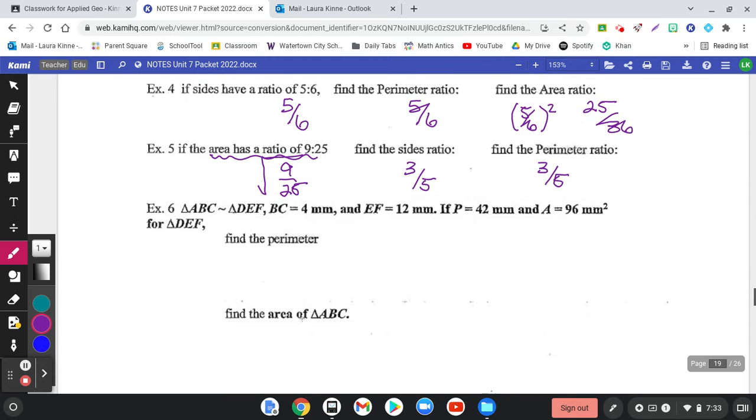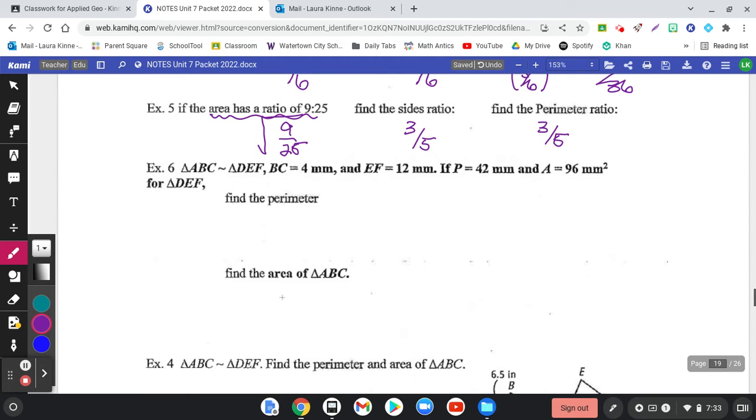All right, let's look at just a couple more examples, and then we'll call it. Okay, ABC and DEF are given. Find the perimeter, and if the perimeter is 42 and the area is 96 for DEF, then we're going to figure some things out. Okay, let's draw a picture. We have two triangles, ABC and DEF.